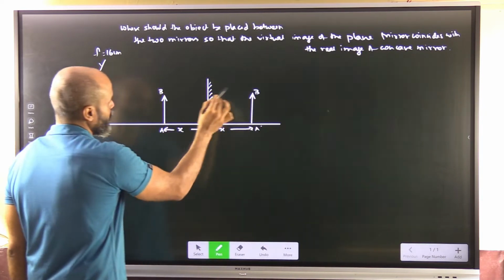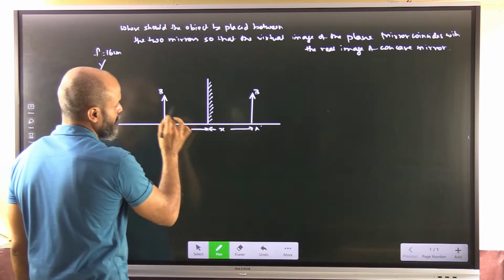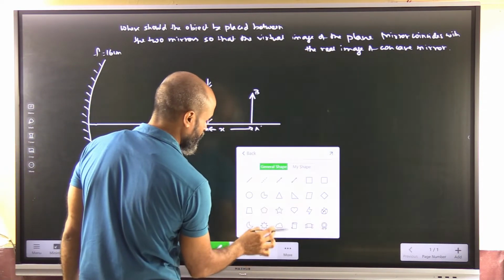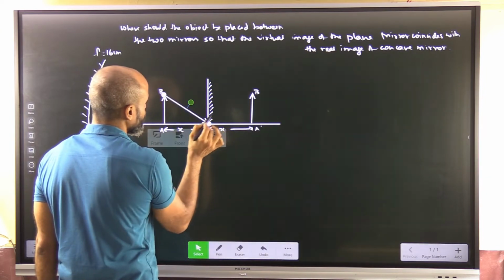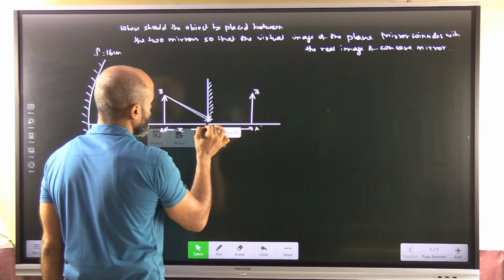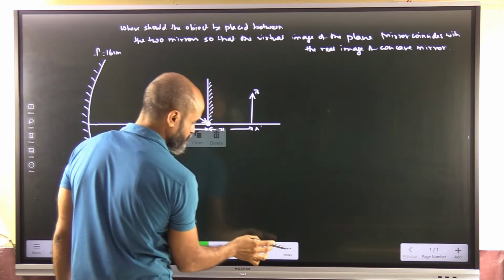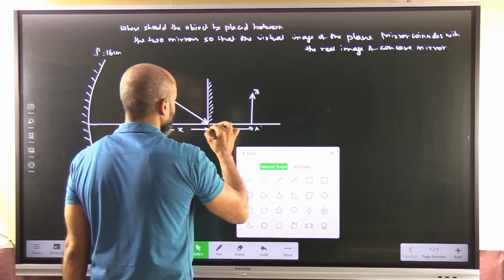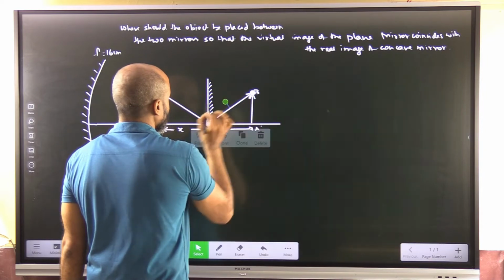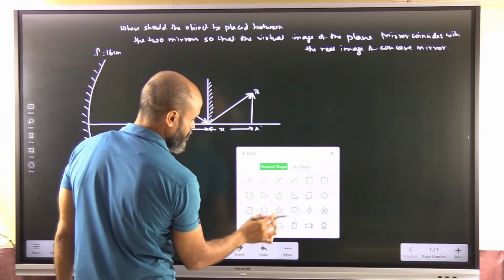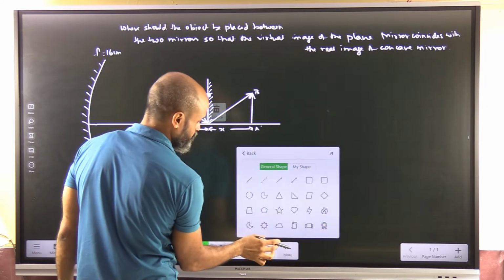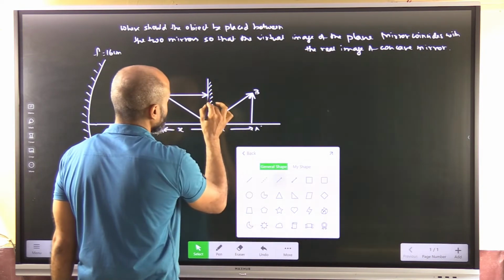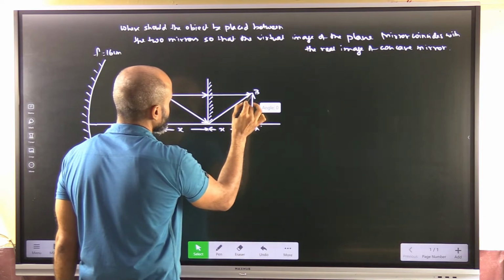So here what is happening is, if I draw the rays here and show the reflection, angle of incidence, so this is how the A'B' image will be formed.